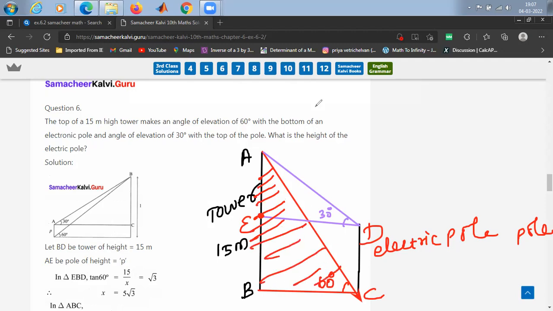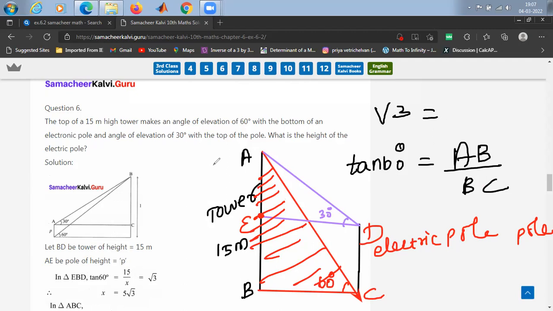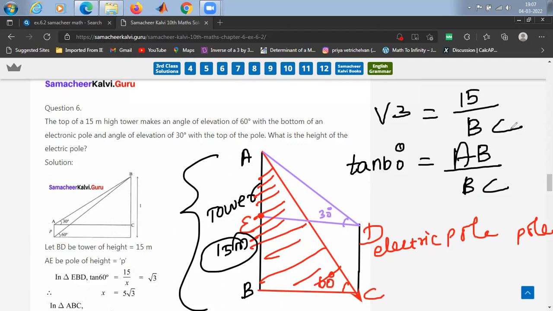Okay. And apply tan theta on this. You can say tan 60 degree is equal to opposite by adjacent. What is opposite? Opposite is AB and adjacent is BC. Right? And we know the value of tan 60 degree, which is √3. And what is AB? AB is the tower, isn't it? 15 meter is the height of the tower. So you can substitute AB as 15 and just write BC as BC itself.